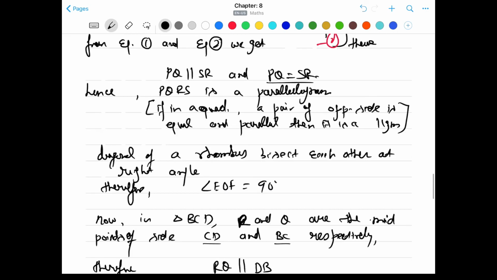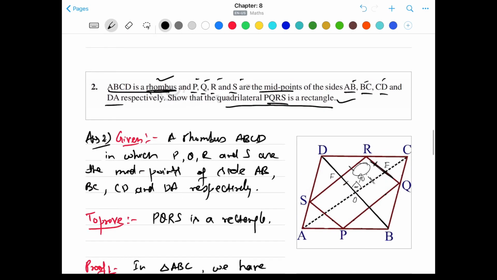In this parallelogram we already have that this angle is 90 degrees, and we know that in a parallelogram opposite angles are equal, so its opposite angle R will also be 90 degrees.